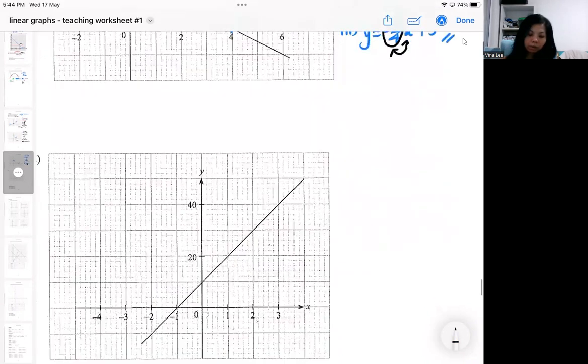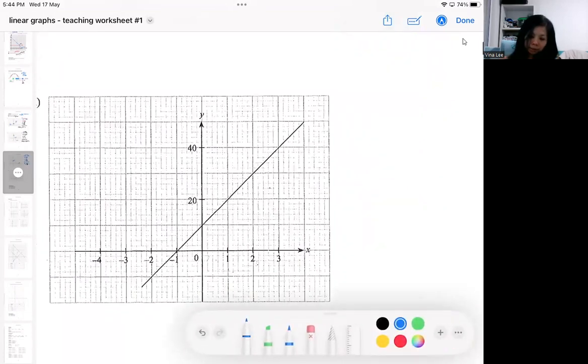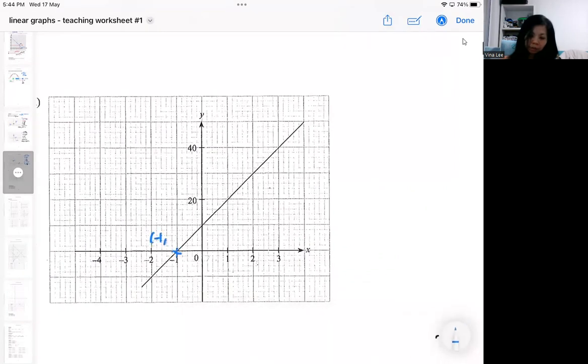Okay, the next one, we are expecting a positive gradient. So get 2 points first. Any 2 points that you like. Write them side by side so that it's easy for you to do a subtraction. Subtract the y coordinate first.